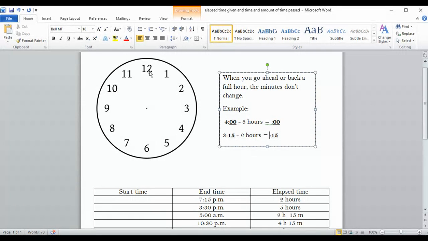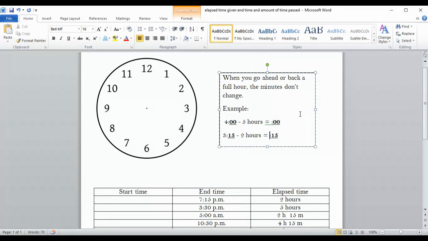But today, whenever we have the end time and the amount of time that's passed, we might actually go counterclockwise, this way, whenever we're doing our math problems. And that is unusual. But let's go back to this example.